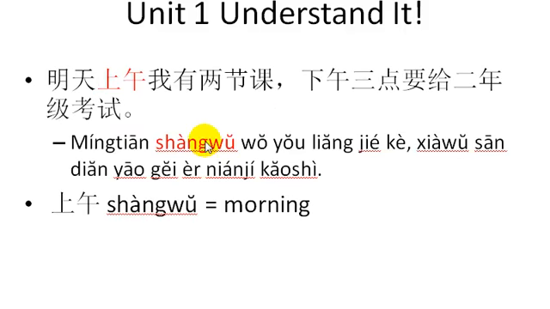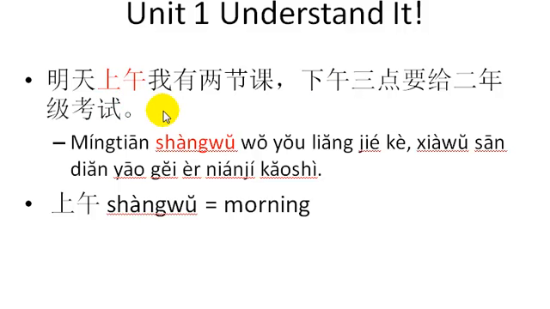Okay, so it looks like 常老师 is a little difficult to get a hold of. 明天上午我有2节课，下午3点要给2年级考试. Okay, so let's take this one piece at a time. 上午.